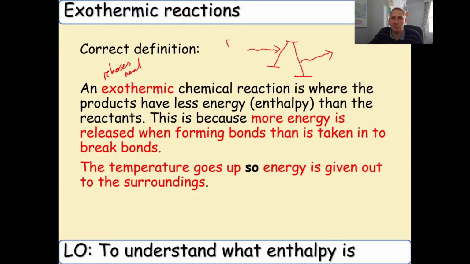So we need to break the bonds at the start to separate the atoms, so from the reactants to atoms, but then when they rearrange to form the products, more energy is released. And therefore, we've got some extra energy here, delta H, which is negative, and this bit of energy is what is released.